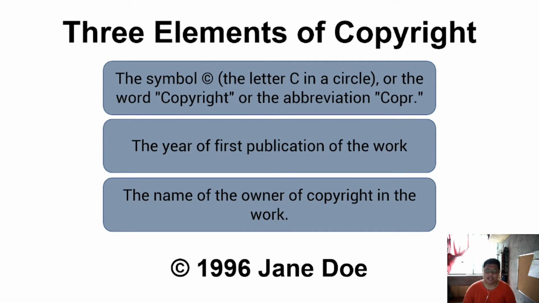If I'm not mistaken, the copyright protects you either 50 years from the original copyright. There are some circumstances that the copyright is granted throughout your life plus 50 years after your death. Okay, so it's either of the two.